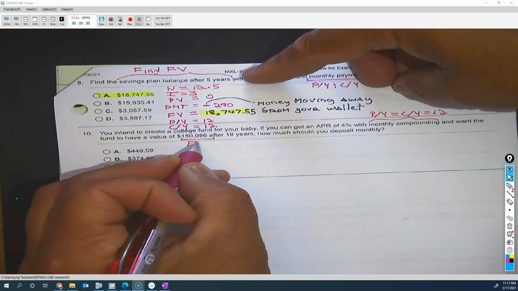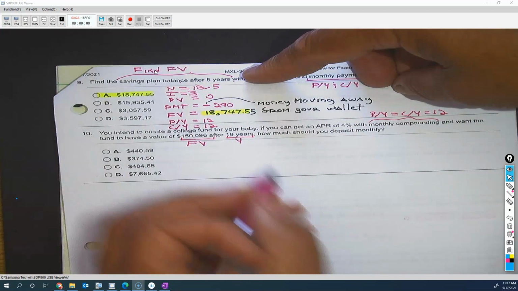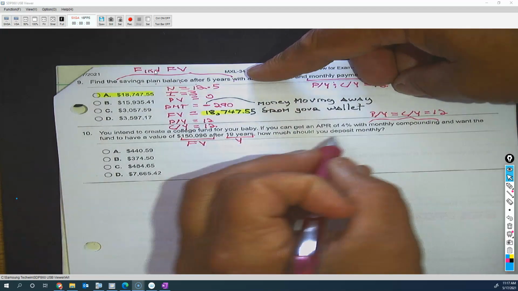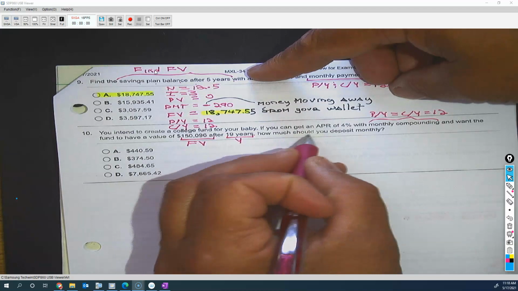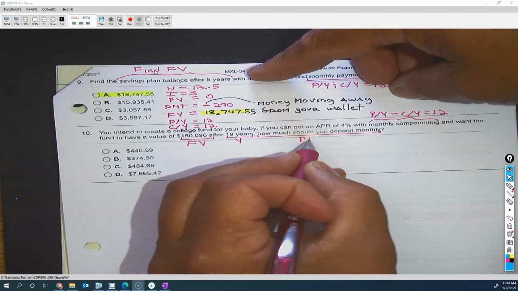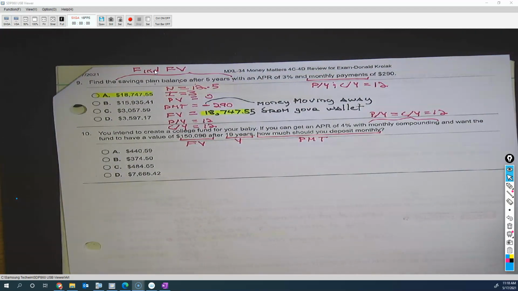That's the future value. Okay, how much should you deposit monthly? So this is your payment. So we want to find the payment on this one.